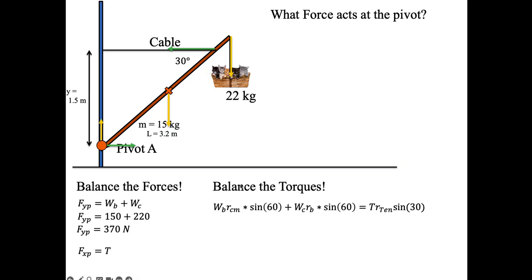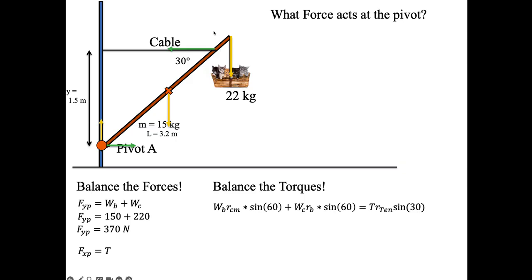And then I need the sine of the angle between them. So that's going to be this angle right here. If this angle is 30, then the angle that completes the 90 degrees is going to be 60. So I've got the force times the length of the lever times the sine of the angle between them.